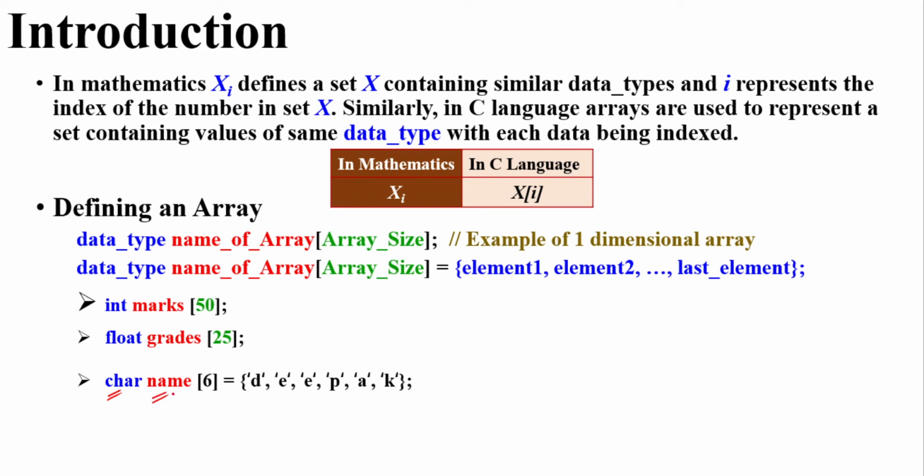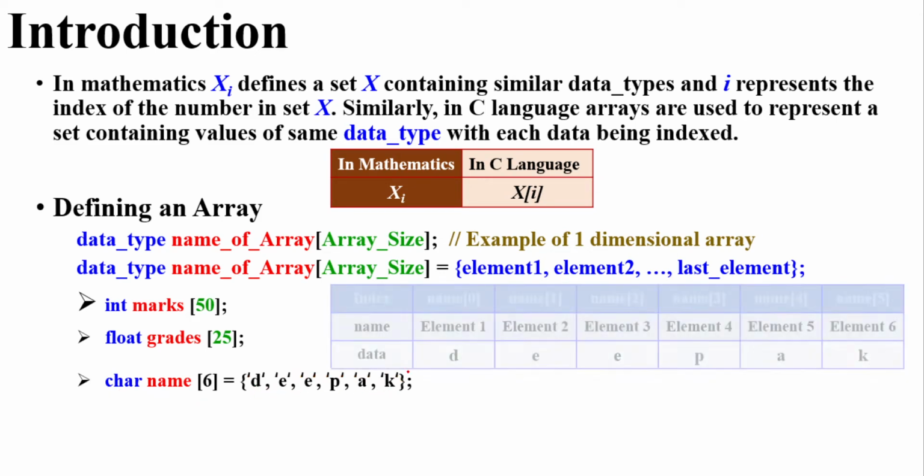The name of the variable, for example, is name, and we have specified that we are going to enter 6 elements in the variable name, DEEPAK. But remember, here we are using single quotes to define that these are characters and the array is made up of characters. So remember to use single quotes when you are defining characters.